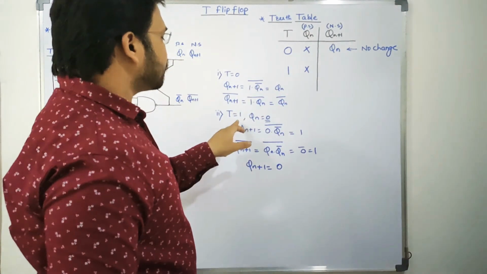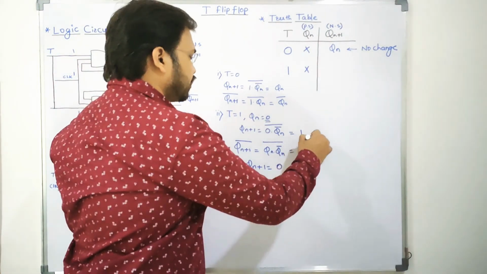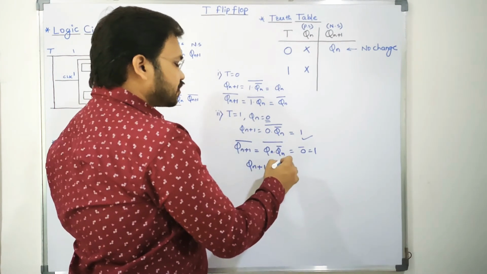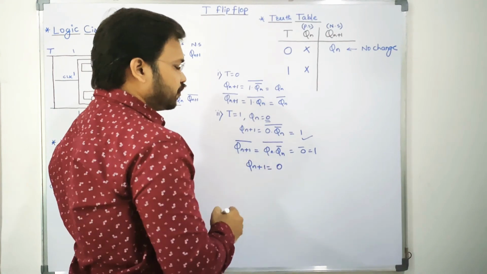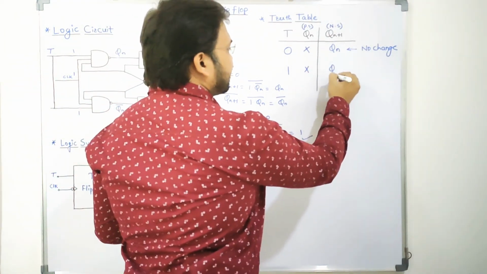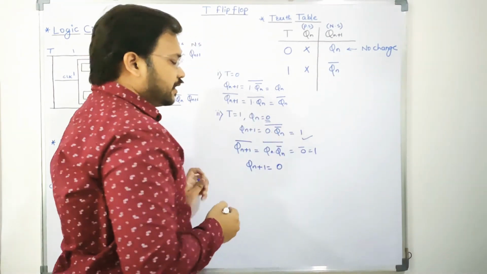When t is equal to 1 and Qn is equal to 0, we get Qn plus 1 equal to 1, and when Qn is equal to 1, we get Qn plus 1 equal to 0. That's why it is the toggle condition, that is Qn bar. So that's why it is your toggle condition.